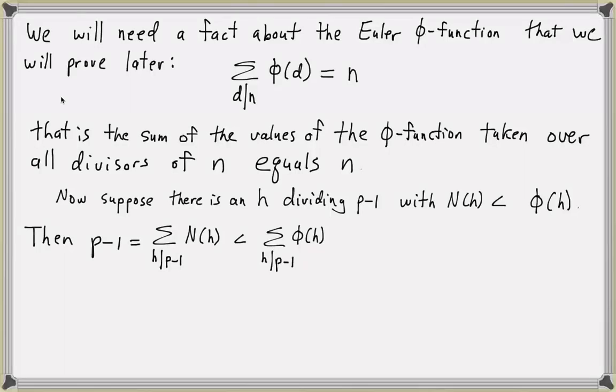But by this fact that I quoted above, this will equal p minus 1. So we get a contradiction. If there was an h where capital N of h was less than phi of h, then p minus 1 would be less than p minus 1, which is a contradiction.